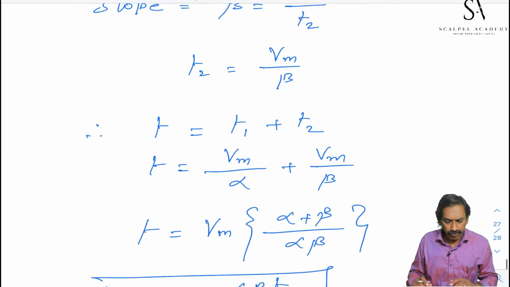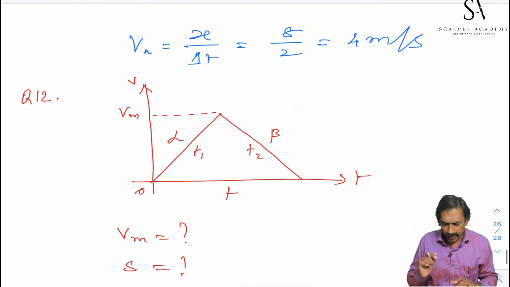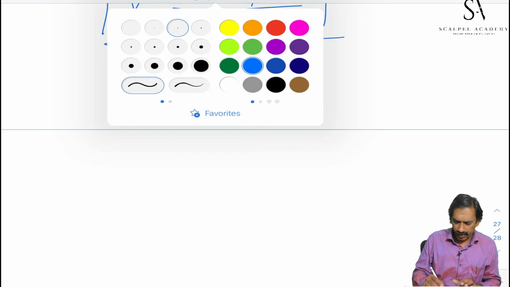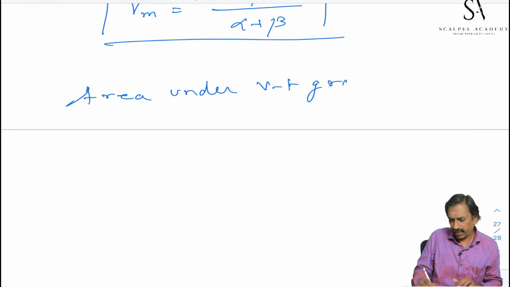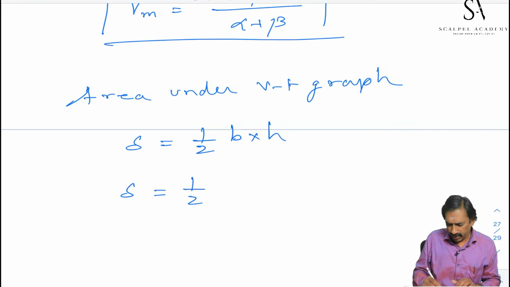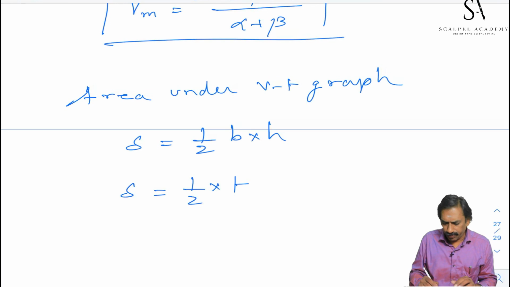Okay, student. Area under this VT graph gives displacement. Area under VT graph, S is equal to half into base into height. Half. Base is equal to time, total time lapsed.